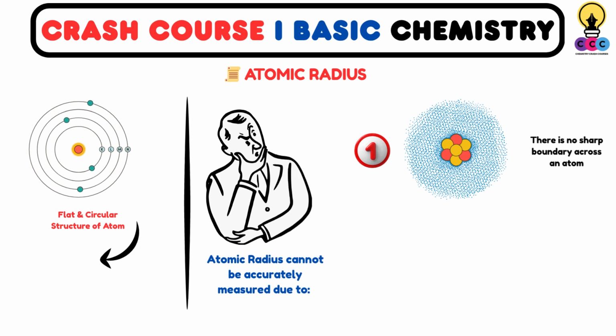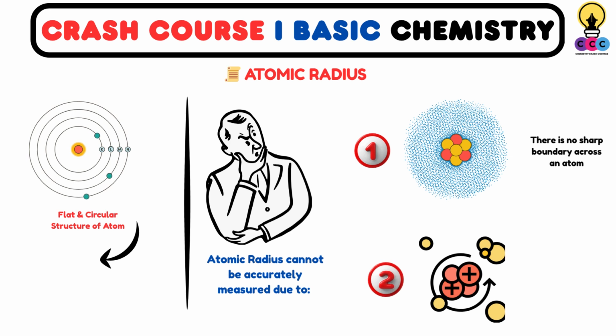So we do not know actually where valence electrons lie. Second, the neighboring atoms can disturb the electronic charge density, as their electrons can repel electrons of the atom under study. Thus, atomic radius is not accurate and absolute. So while studying this concept, keep in mind this critical idea.